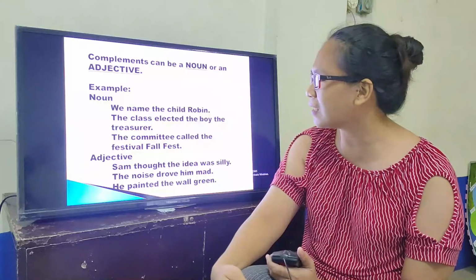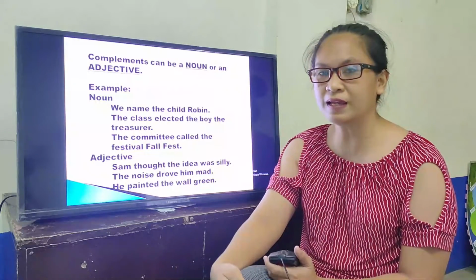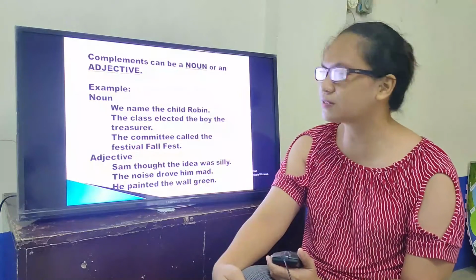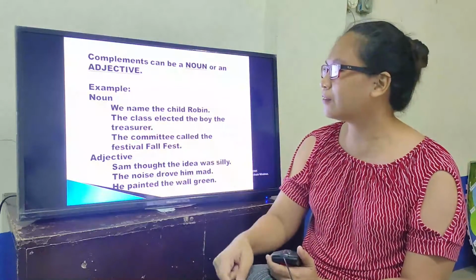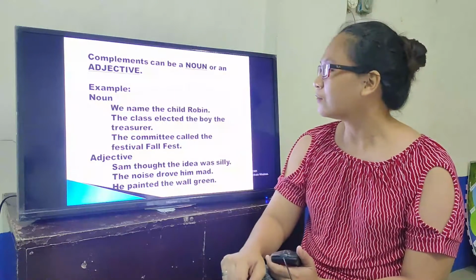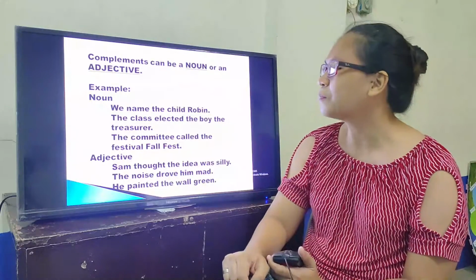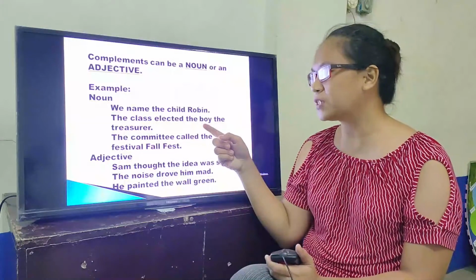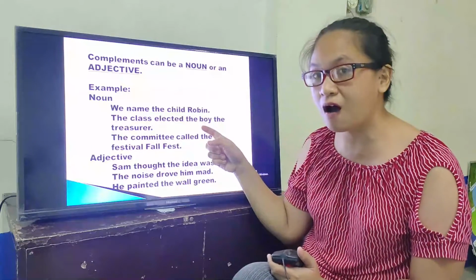The class elected the boy the treasurer. Okay, so what is the subject? The word, the class, and the verb is the word elected. The boy is the direct object, very good. Always remember, object complement is next to the direct object.